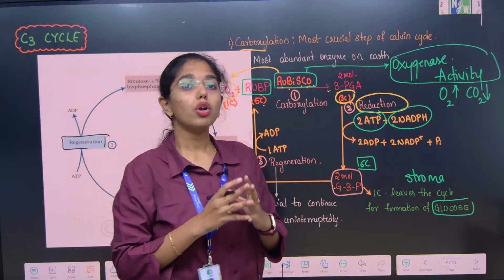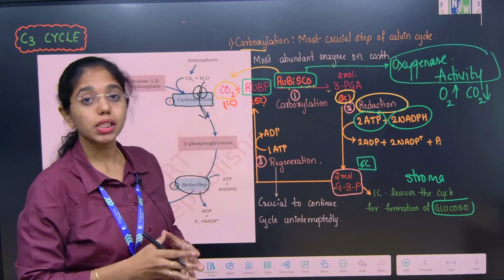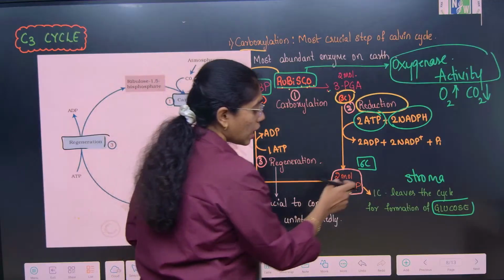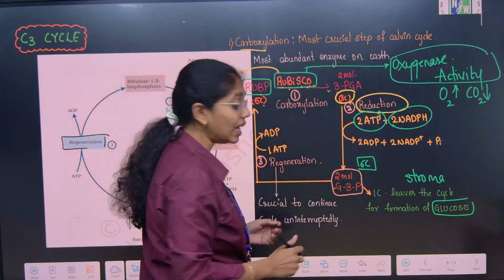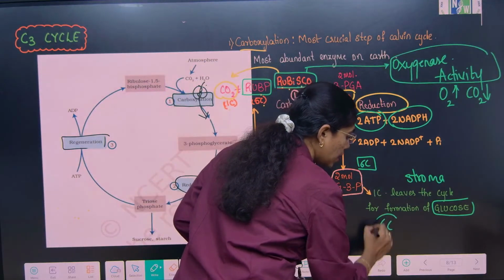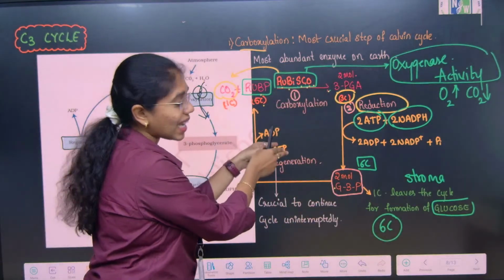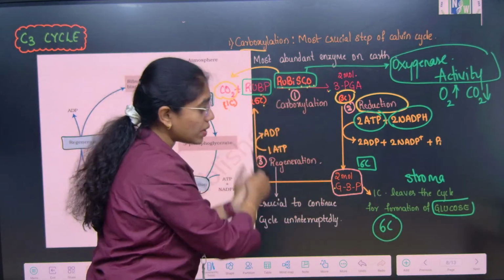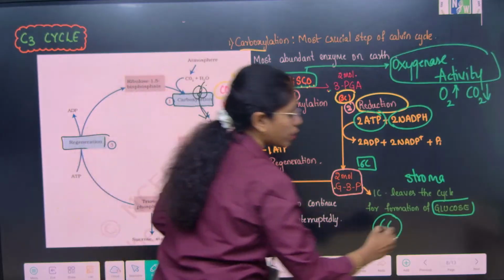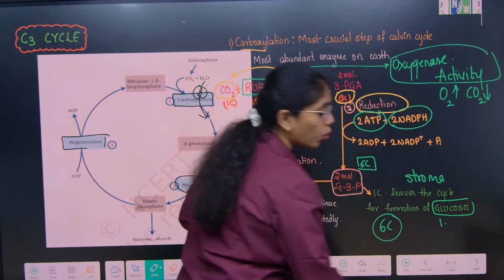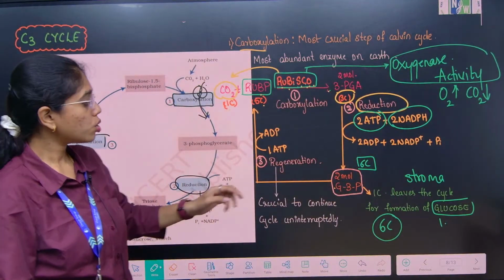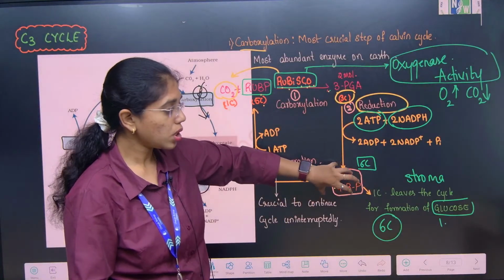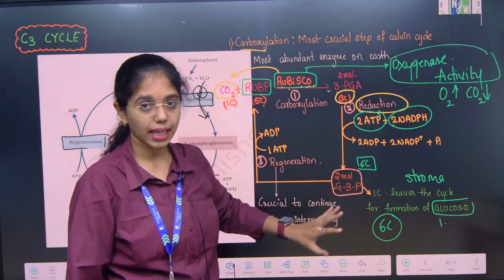We know glucose has how many carbons? 6 carbons. Likewise, how many carbons should leave the cycle? 6 carbons. Means 6 carbon dioxides have to be fixed, 6 Calvin cycles have to happen for the formation of 1 glucose.